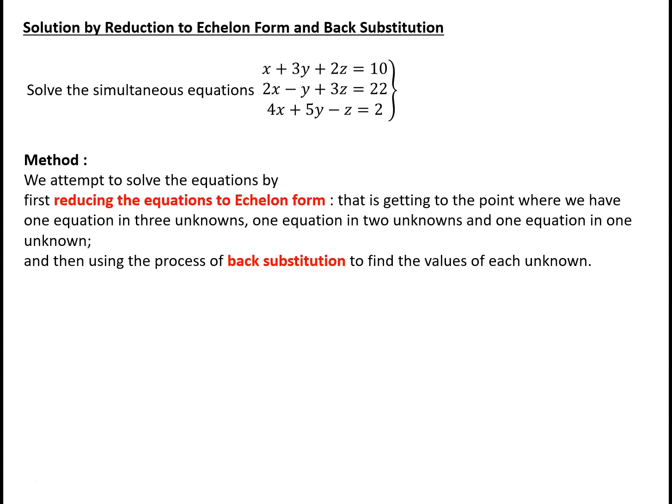The reduction to echelon form is the process of moving from 3 equations in 3 unknowns to the point where we have 1 equation in 3 unknowns, 1 equation in 2 unknowns, and 1 equation in just 1 unknown. Then, using back substitution, we work back up those 3 equations to find each of the unknowns. So let's see this in terms of the example that we've got here.